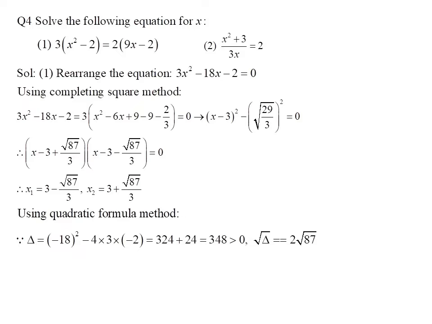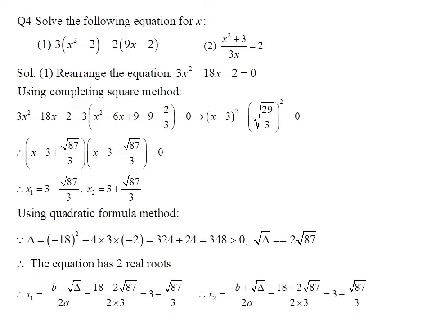So this equation has two distinct roots according to the quadratic equation formula. x1 and x2 can be obtained by substituting the corresponding coefficients into the formula. They are equal to 3 minus square root 87 over 3 or 3 plus square root 87 over 3.